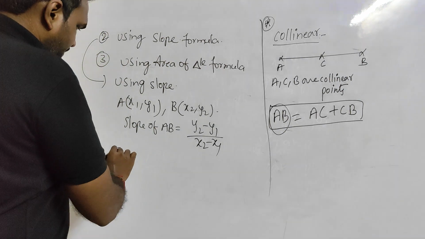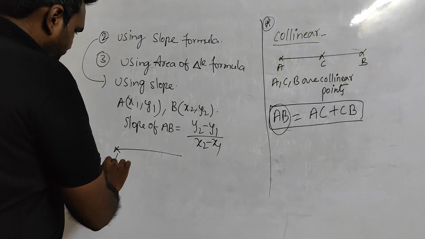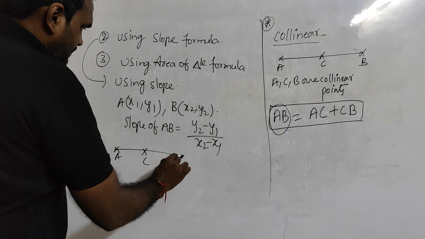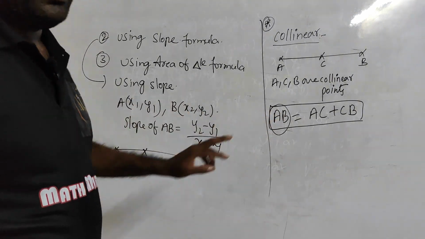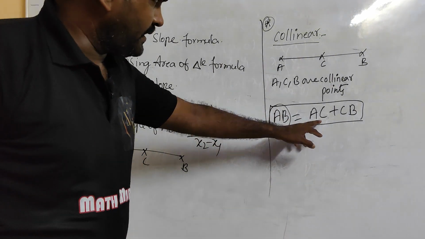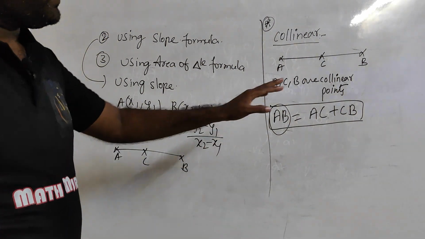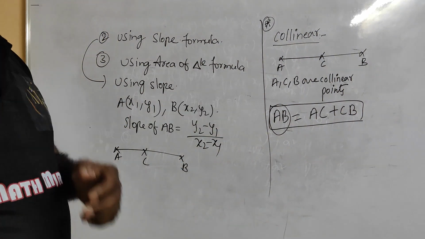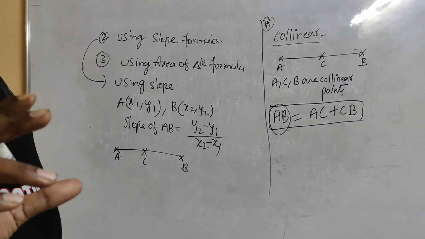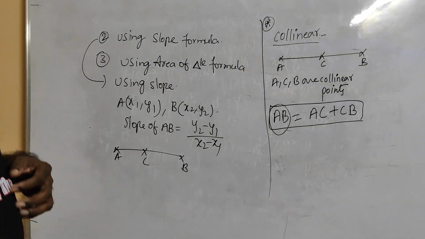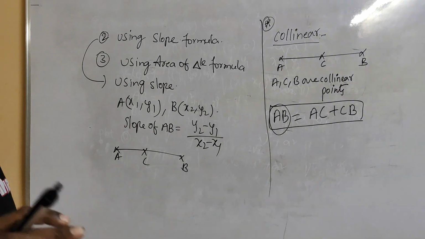If a diagram is given, for example ACB, in the same way you have to find the AB slope, the AC slope and the CB slope. If any two of the slopes are equal, then you can say that those 3 points are collinear.